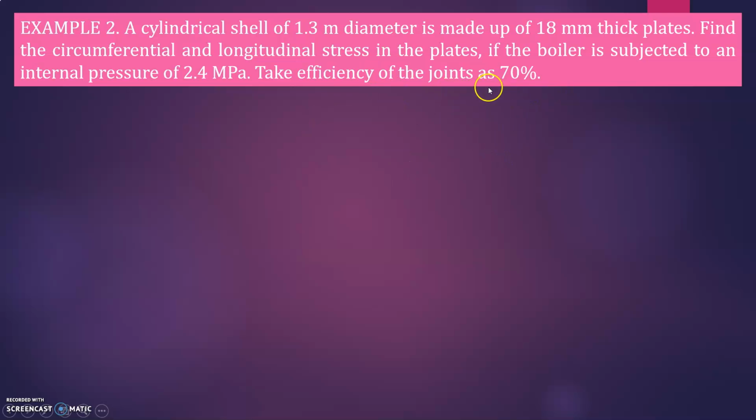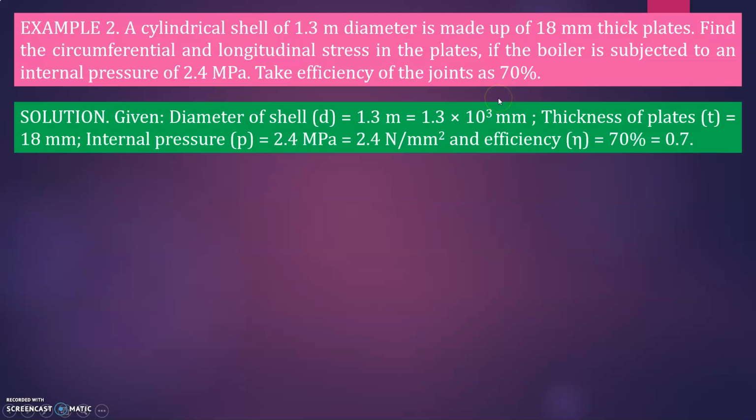Here the efficiency of the joints is given as 70%. So what formula do you have to use? You have to use sigma C, circumferential stress, is equal to PD divided by 2T into nu. Similarly, for longitudinal stress, sigma L is equal to PD divided by 4T into nu.